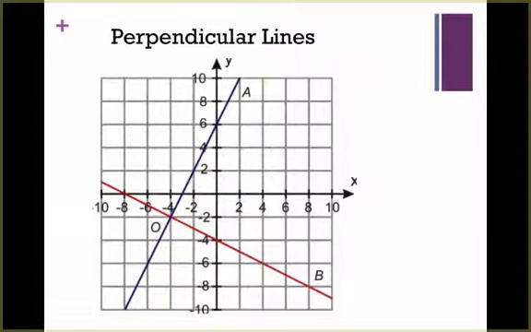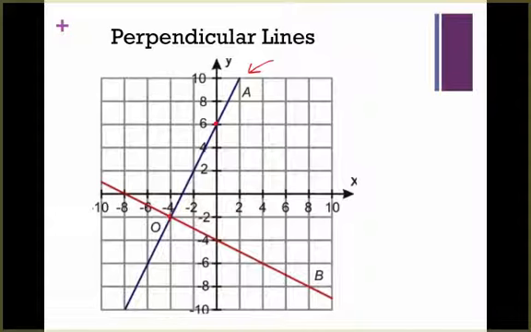Now let's look at some examples of perpendicular lines. Here we have two lines that are perpendicular, and let's look at their slopes. Let's look at our blue line here and calculate what our slope would be. Let's pick 2 points. Let's pick the point here where these two lines are intersecting, and then let's pick this point here on the y-axis, and let's count our rise and our run.